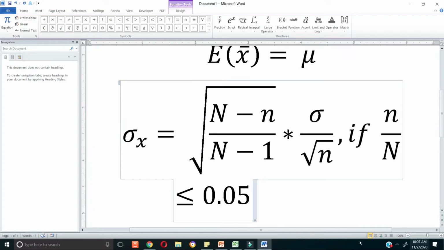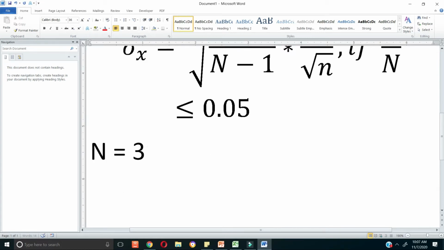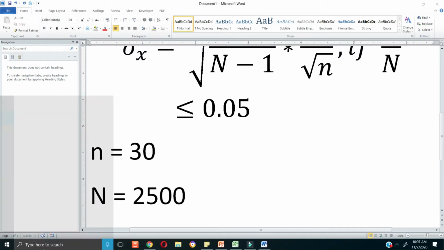So let's first of all see what's going to happen, because here we have n equal to 30. Sorry, that's the lowercase n. So the sample size is 30, and the population size is 2,500.